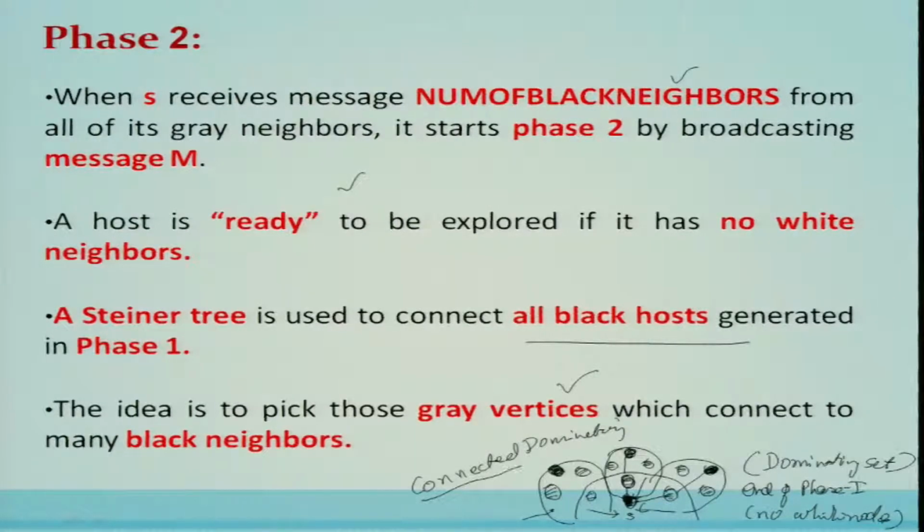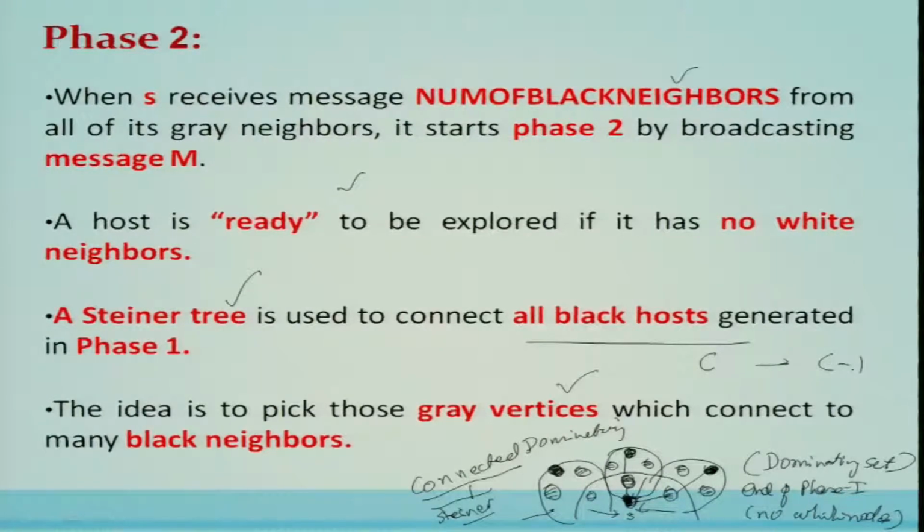That means the connection among the dominators, or dominating set, is established using a tree called a Steiner tree, which will connect all the black nodes. Now you know that if there are C different black nodes, then to have a connected tree, how many nodes are required?